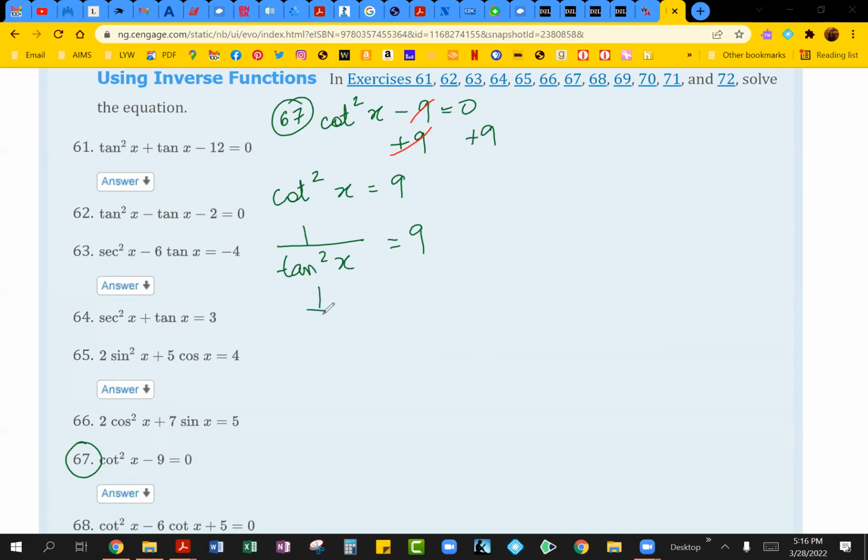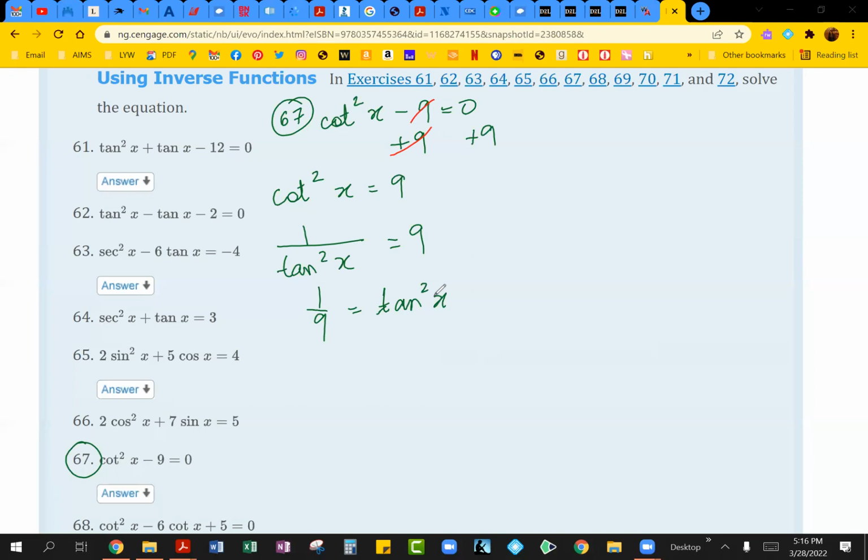And you will end up with 1/9 equals tangent squared of x. And here we will actually use the square root property to get rid of that square, because by bringing in the Pythagorean identity that a couple of you mentioned, you're actually going to make this more complicated than we need to.